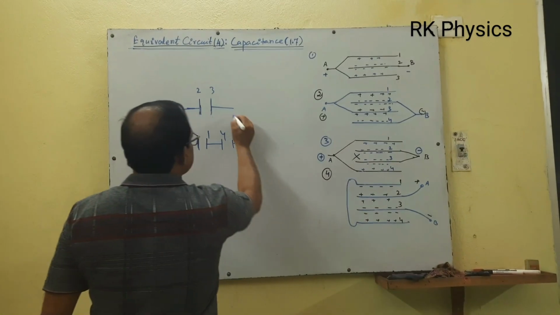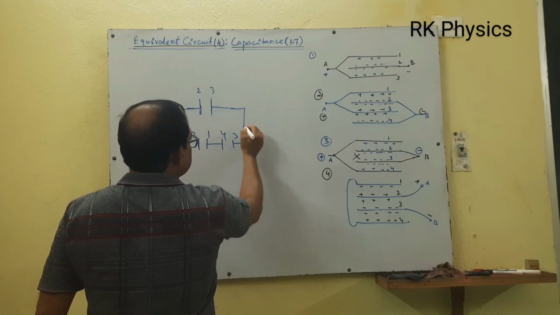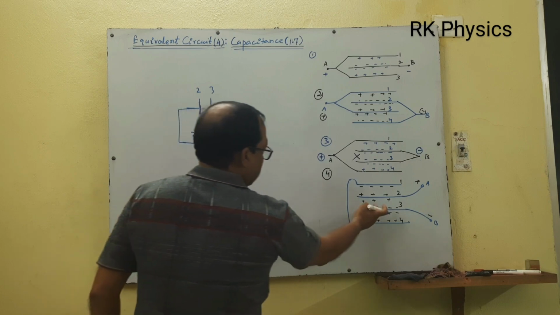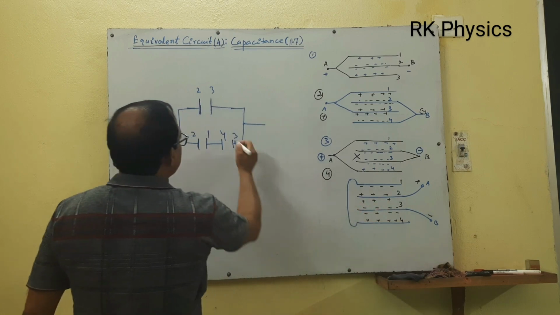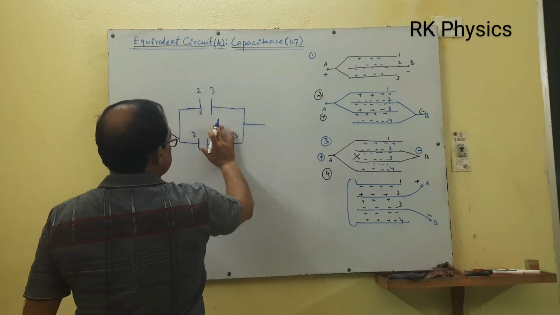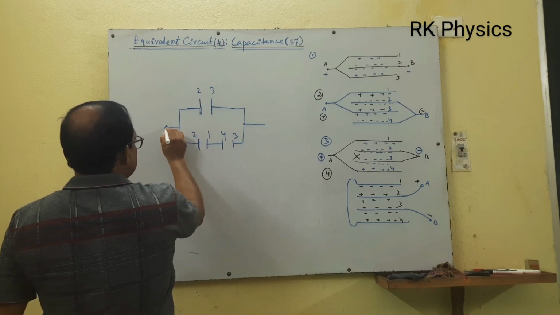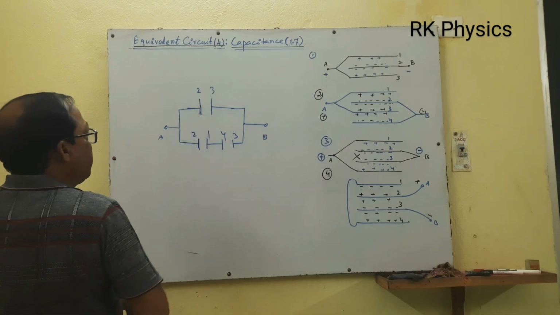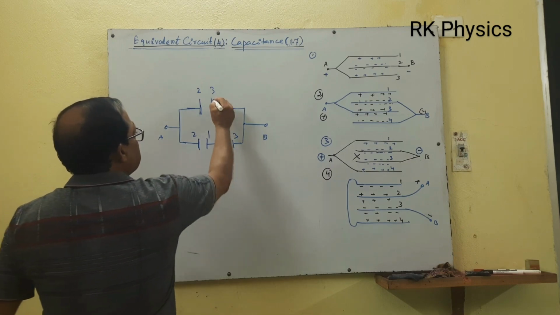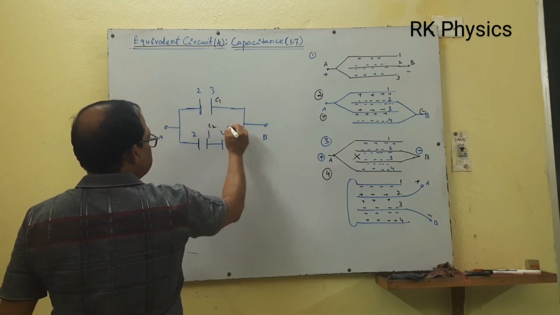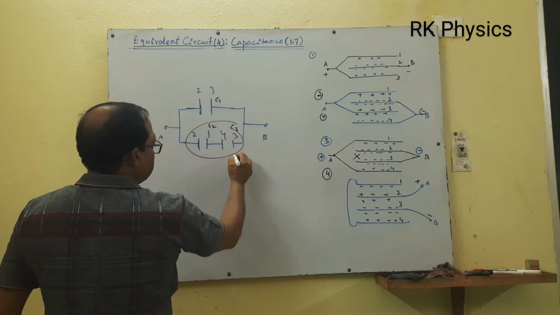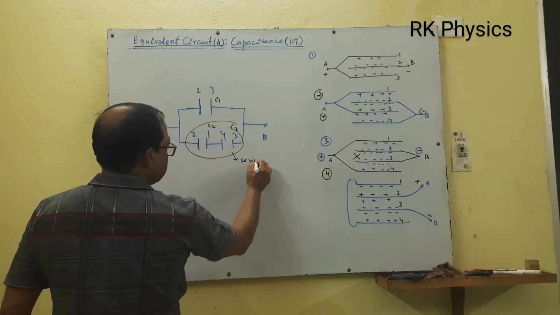Then 4 and 3 exist as another circuit. Now 2-3 and 3-4, this branch are parallel. Okay, now if this is C1, this is C2, this is C3, then you consider these are series.